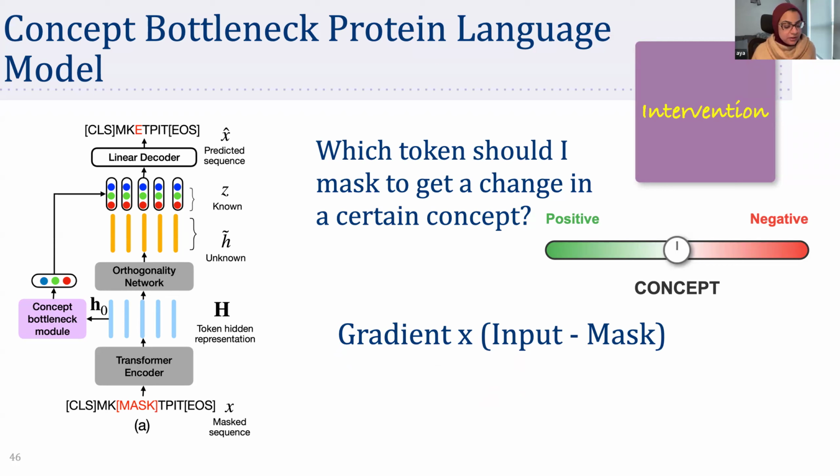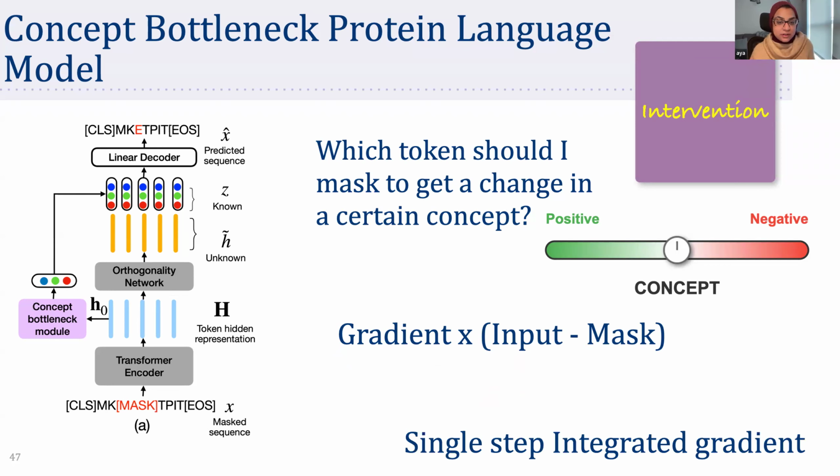The best way we could find is to get the gradient of the input with respect to the concept, and then multiply that by the difference between the input and the mask. You can think of this as a single-step integrated gradient. What does this equation tell us? It tells us how much each token contributed to this concept in comparison to a reference point.